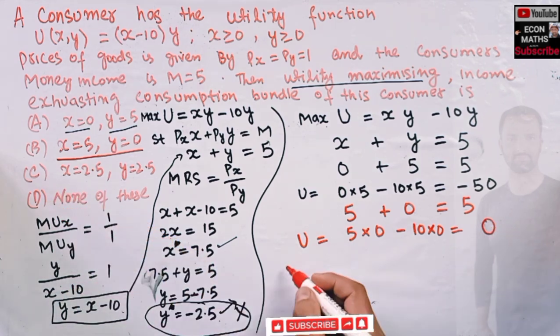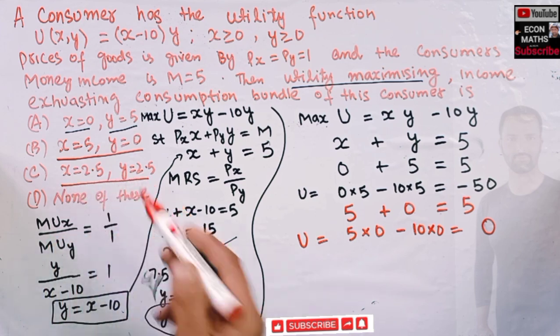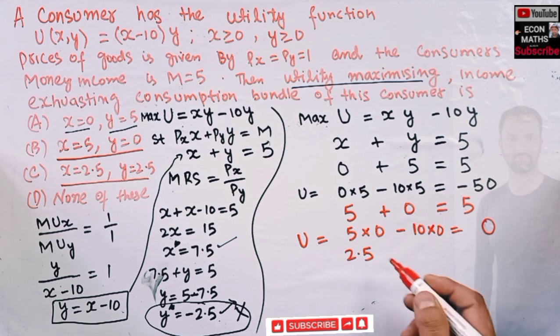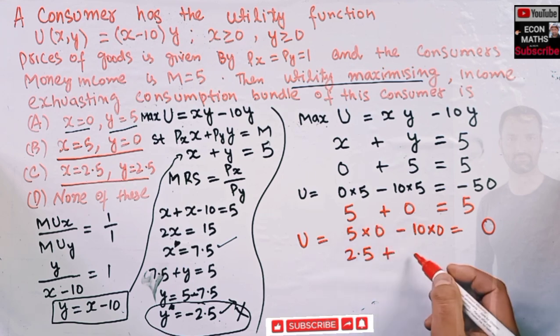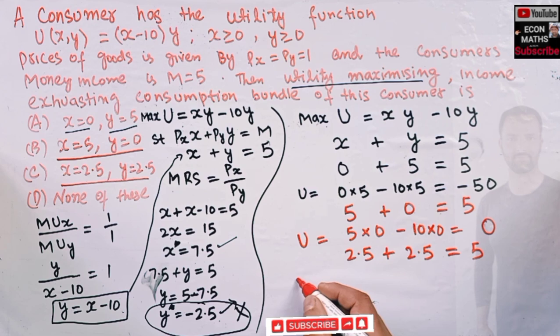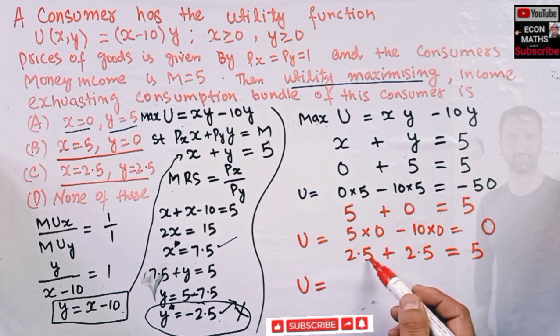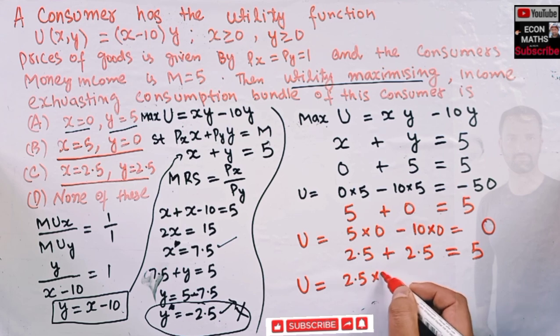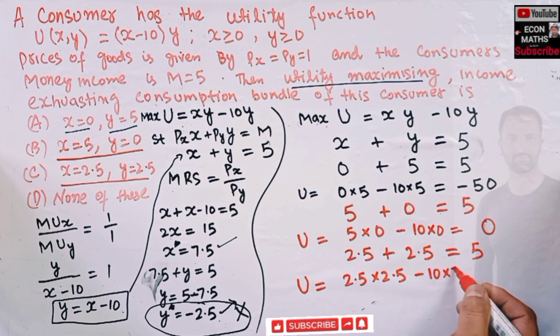Now, though it seems this should be the correct option, let us see. When the consumer consumes 2.5 units of x and 2.5 units of y, his income constraint is satisfied. But what is the utility he is getting? It is 2.5 into 2.5 minus 10 into 2.5.